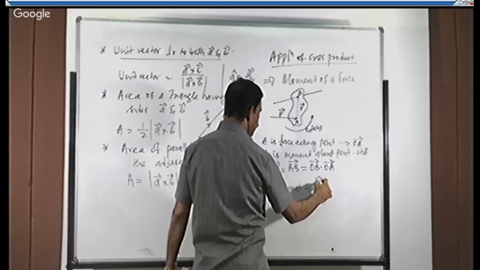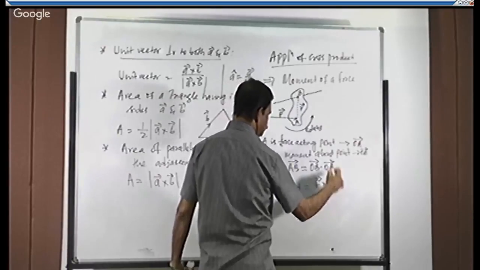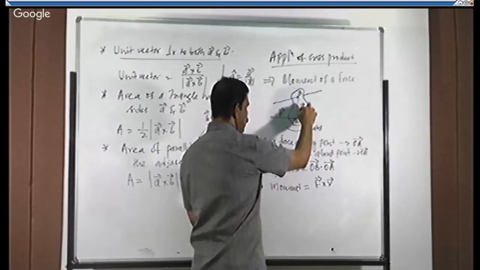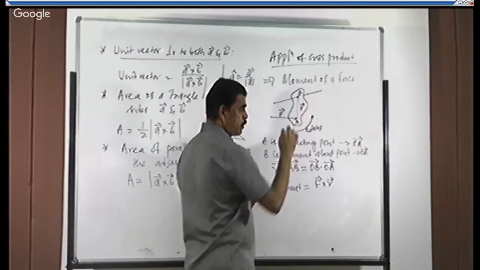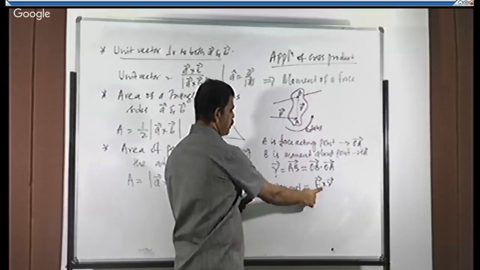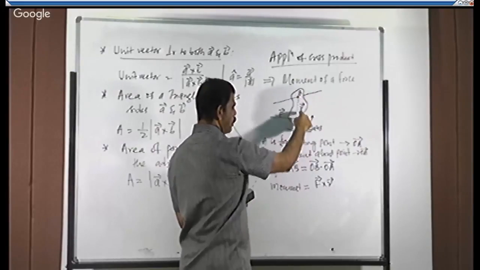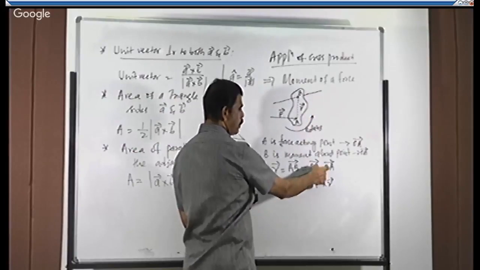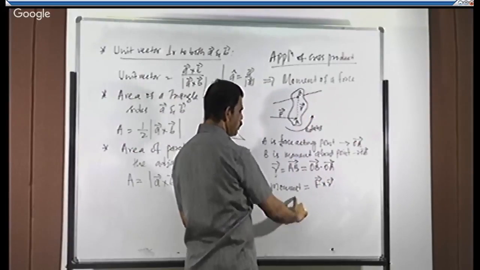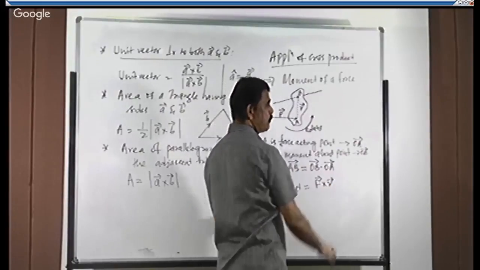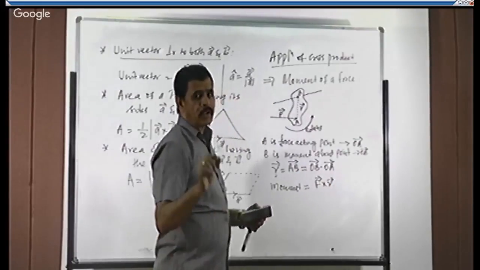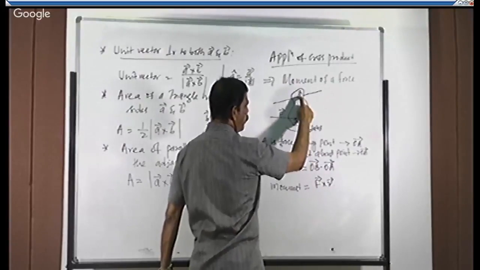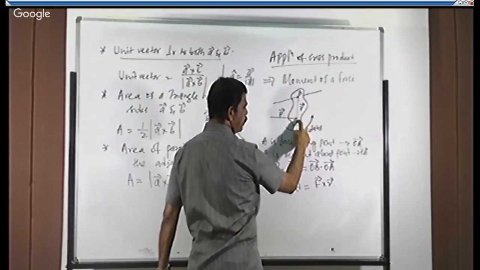F cross R. What is R? It is AB. Suppose if I take R as BA, then this will become OA minus OB. In that case, moment will be R cross F. So take it seriously, the about point and force acting point.